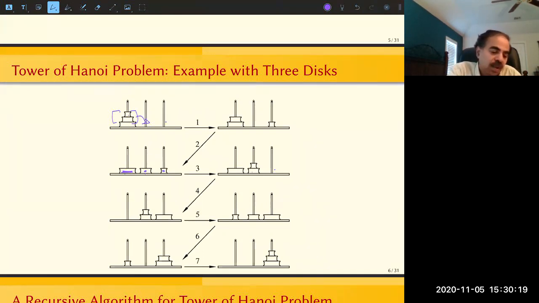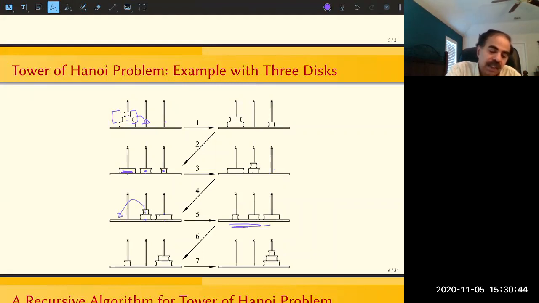First, move this over there, and then move the second one over to the second post, and then move the largest disk into the last peg here.